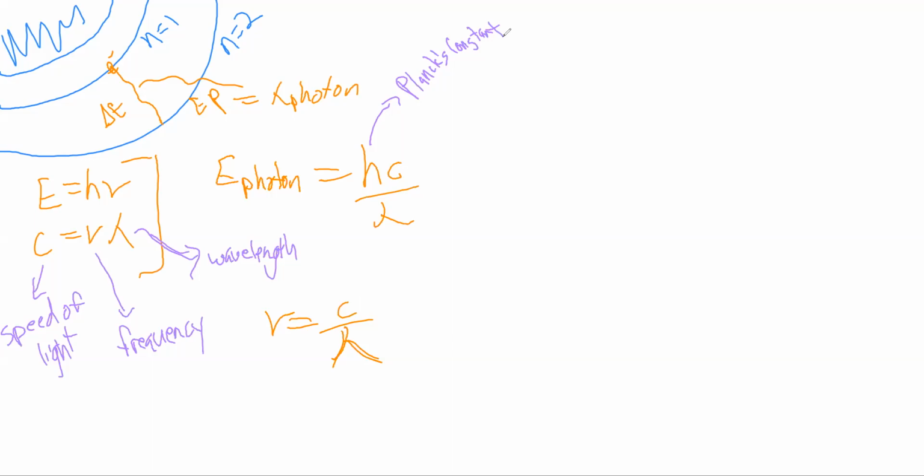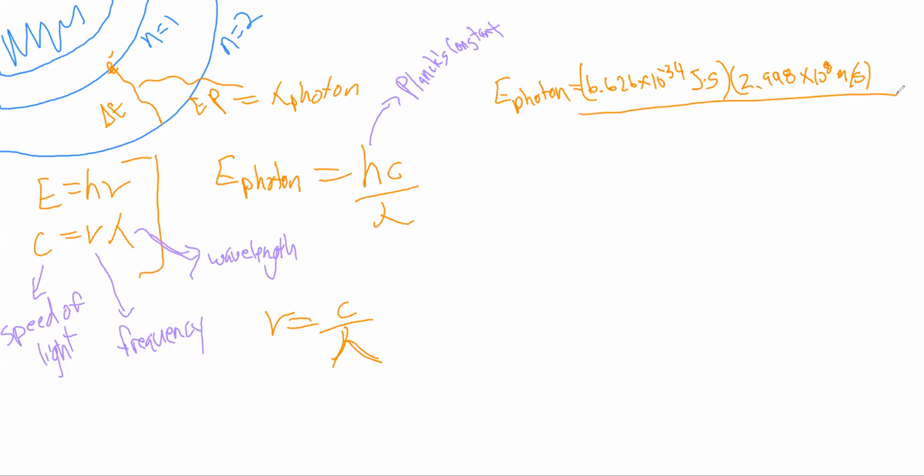So we want to find the energy of that photon. So go ahead and plug in. So we get energy of our photon is 6.626 times 10 to the negative 34 joule seconds. Our c value is on your equation sheet as well, 2.998 times 10 to the 8 meters per second.